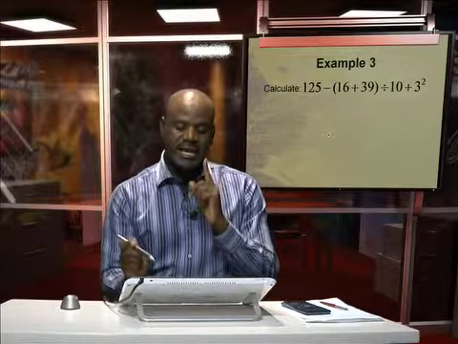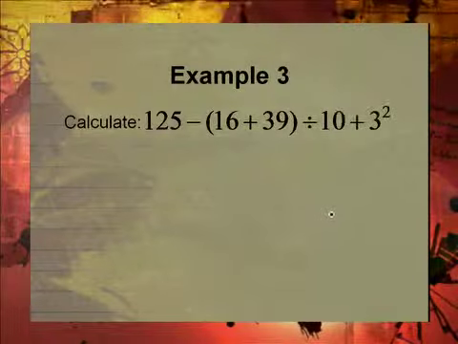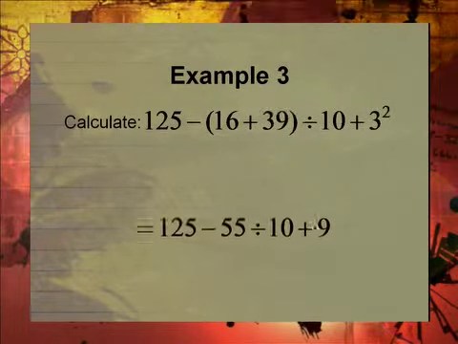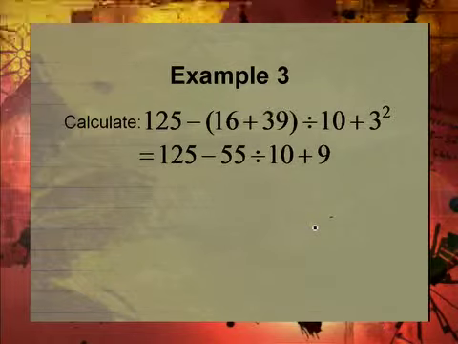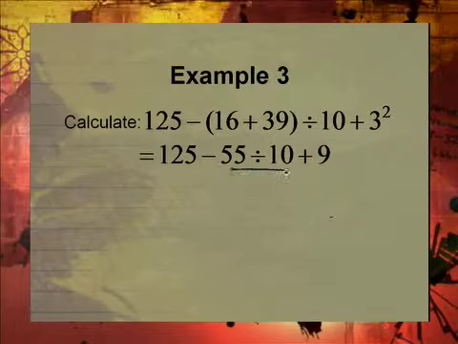In this case, I'm going to start here. Have a look. 125 minus 55, because I added these 2. 16 plus 39 is 55. Then I have divided by 10 plus 9. From there, I must come here. This is my division. It's where I must go first.